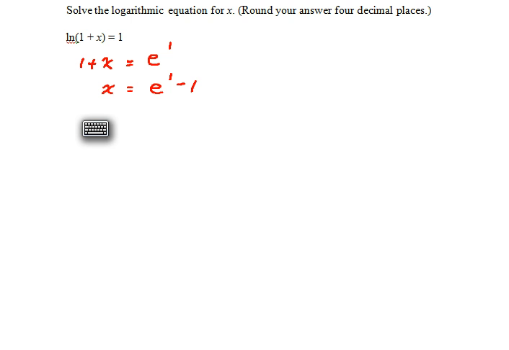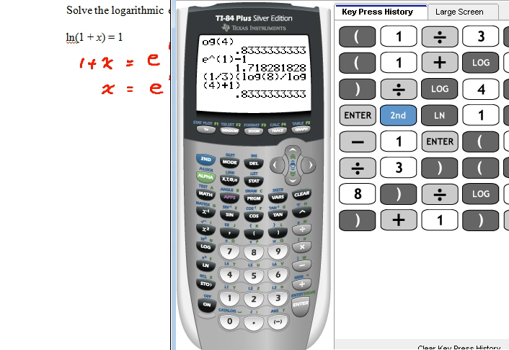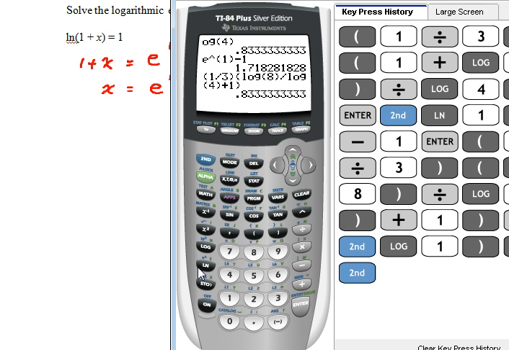When we go to the calculator, this we can compute by going second natural log, 1, close the parentheses, minus 1.